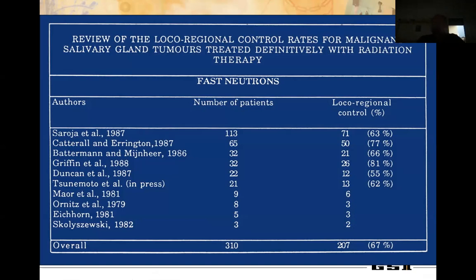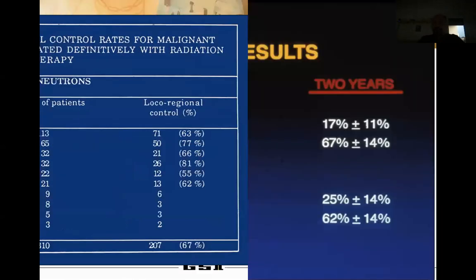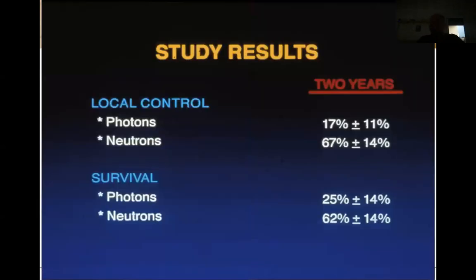So the toxicity of neutrons is not a very severe problem in that case. These are examples of study results on salivary gland showing better local control and better survival. You see at 2 years, the survival with neutrons was 62%, while the survival with photons was 25%. So for this specific case, you have an advantage.